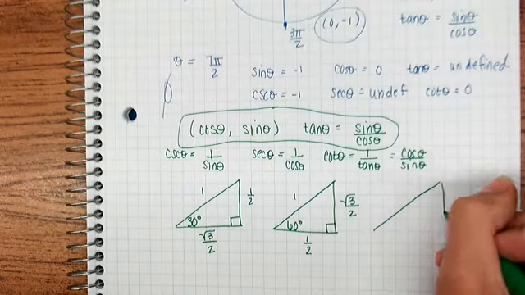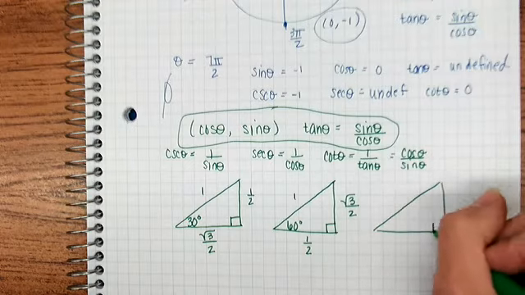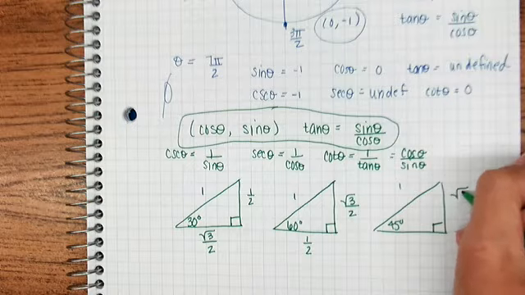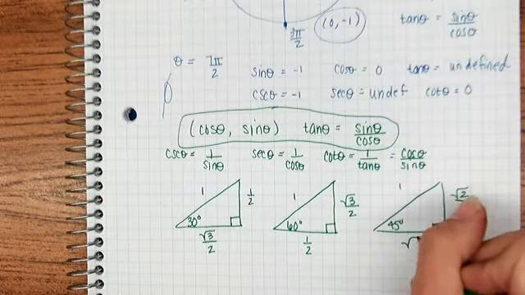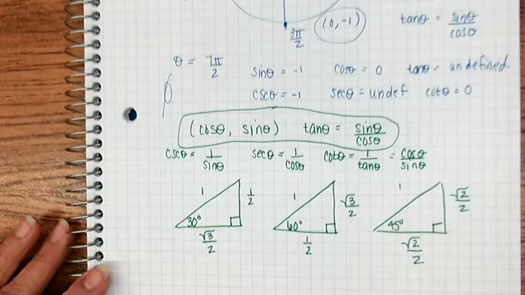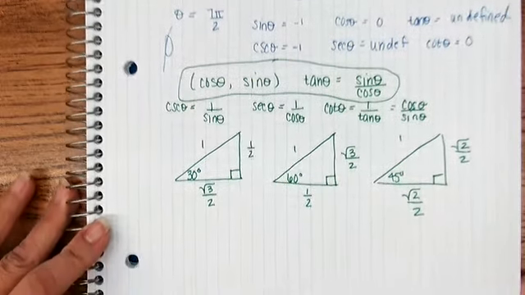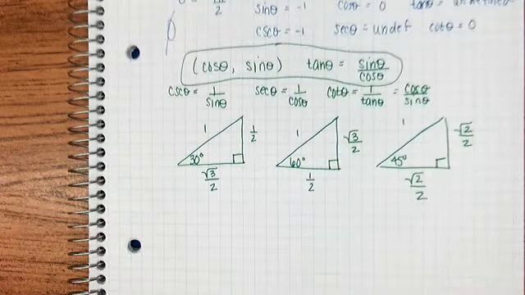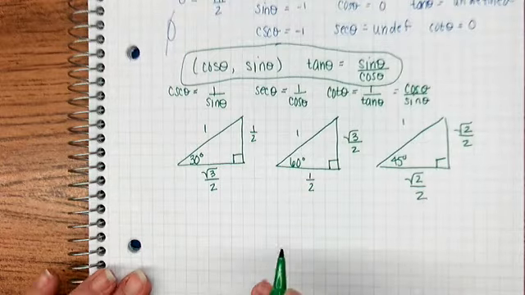Then we have 45s, which is √2 over 2, √2 over 2. And then 2 more things that I would just make sure I understood.